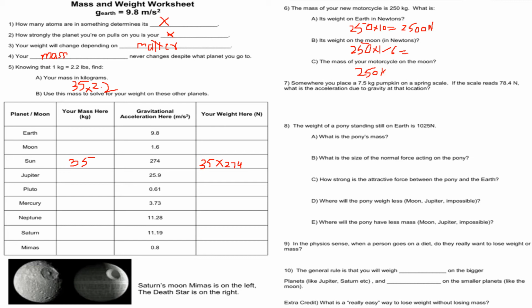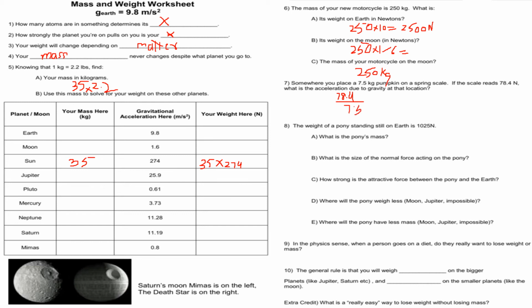Now, on the scale, if the reading is 78.4 Newton, what is the acceleration due to gravity at that location? So you have to divide 78.4 by 7.5.